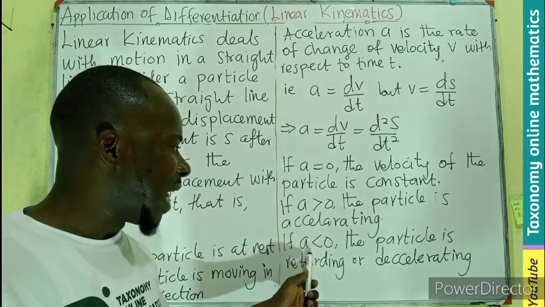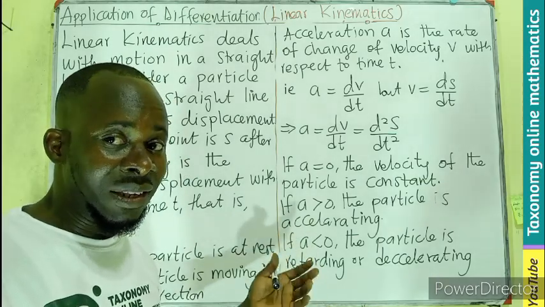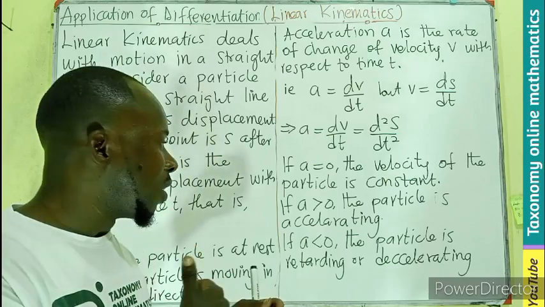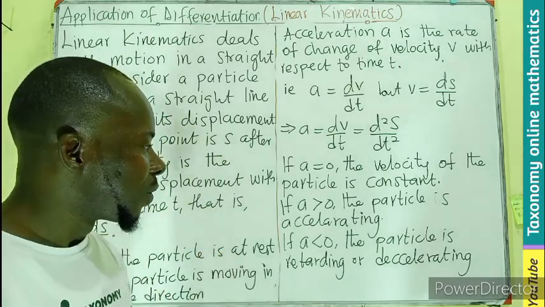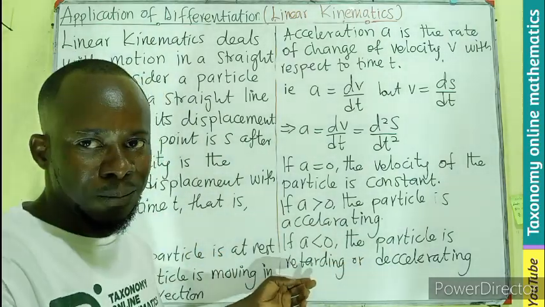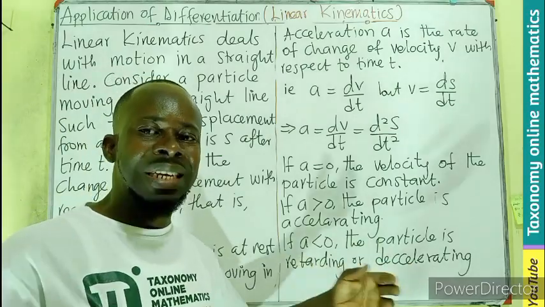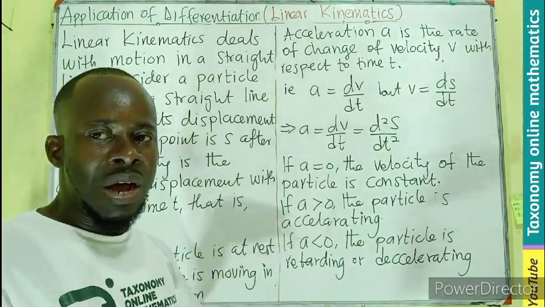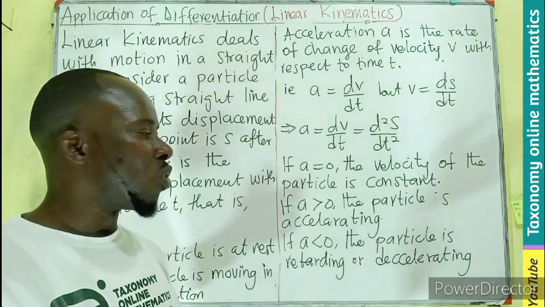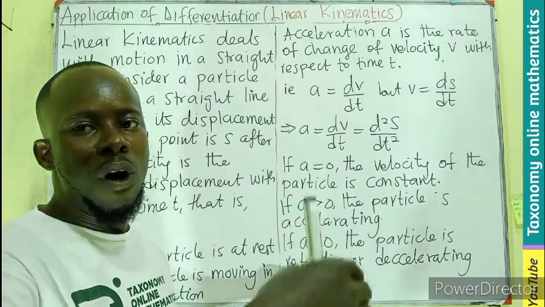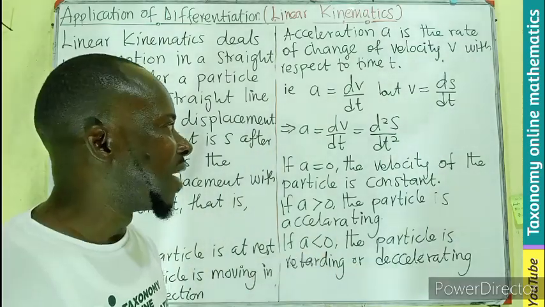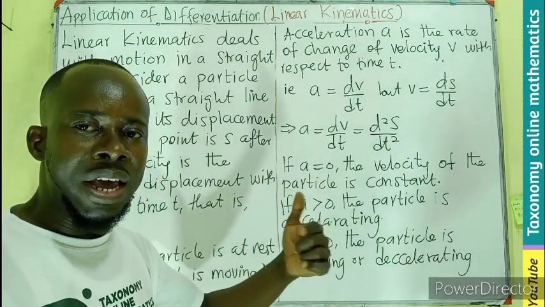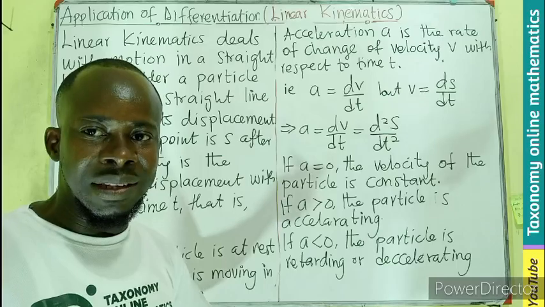If the acceleration is less than 0, negative values, it means the particle is slowing down, retarding, or decelerating. So you can have a negative acceleration, or retardation. These are the concepts that we are going to employ in linear kinematics.